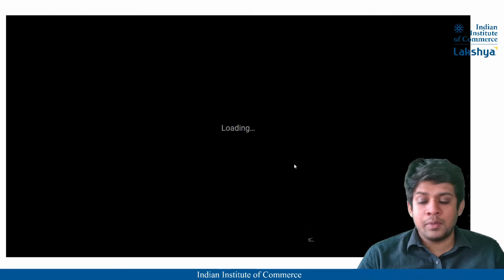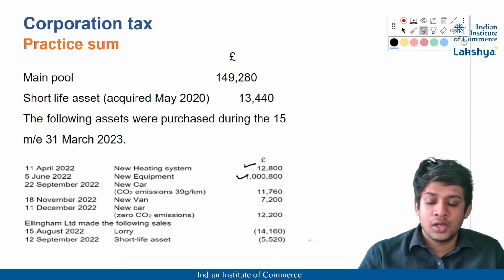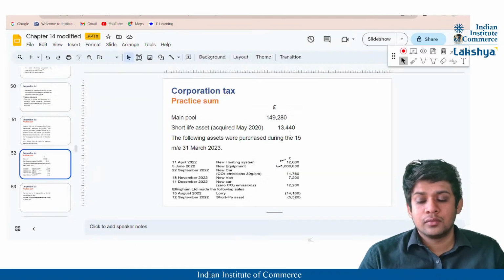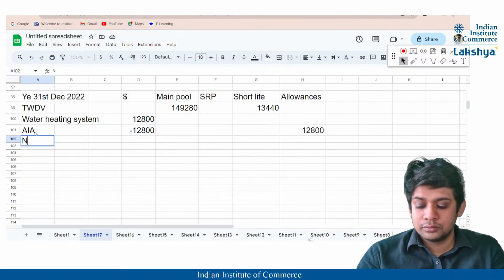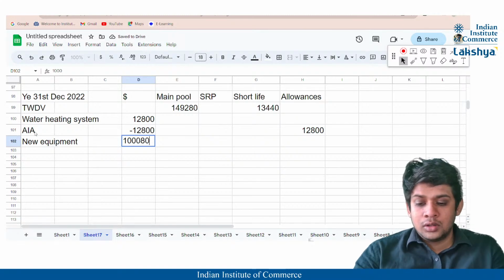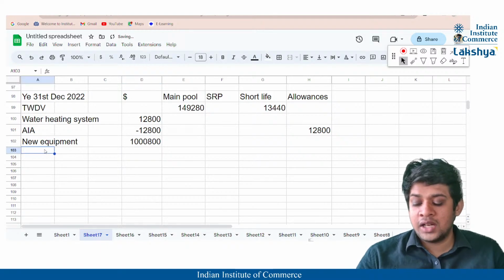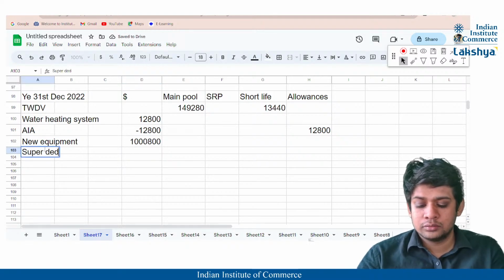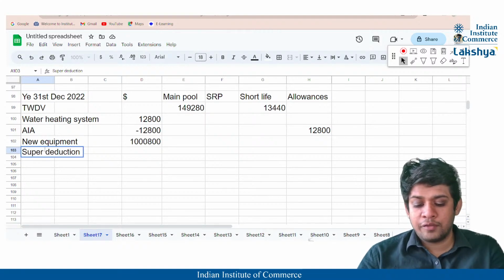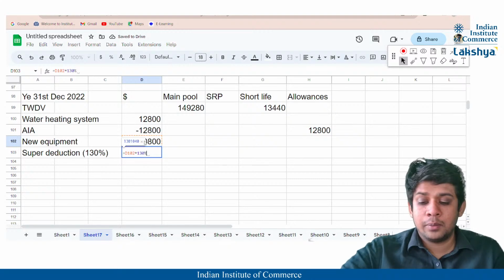Then the next part is new equipment that I bought for 1,800,000 something, right? New equipment, 1,800,000 is its value, and obviously I will get a super deduction of 130%, which is going to be 1,800,000 into 130%.